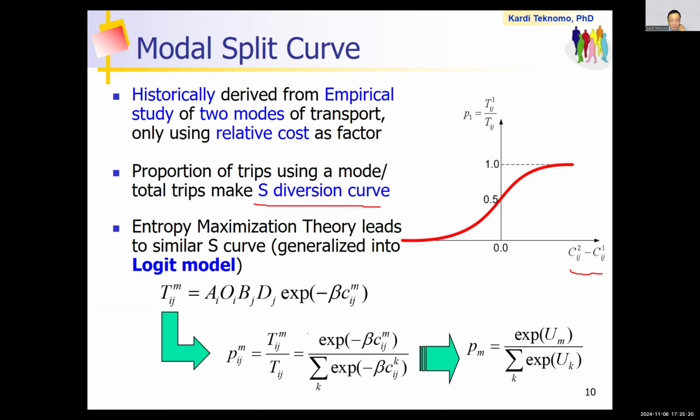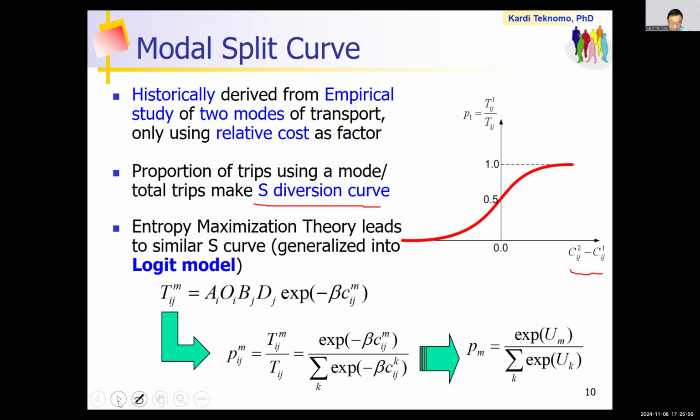The only difference is that the probability is the actual trips divided by the total trips. So the actual trips of one zone divided by the total trips of all zones. Now, if you have two costs, then you can also take the difference of the cost. Based on this, we can calculate the probability using this multinomial Logit model.